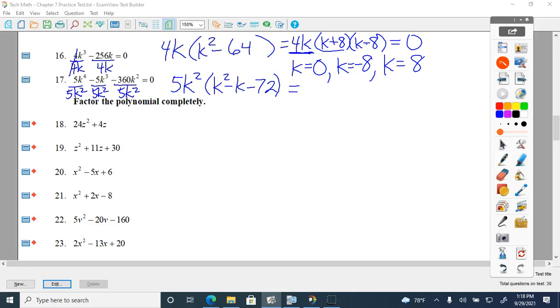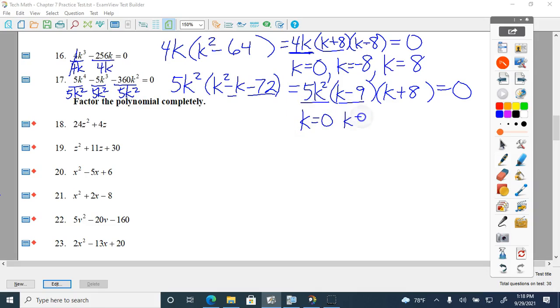We would factor that as well. So we get 5k squared. Two numbers that multiply to be negative 72 and add up to negative 1 would be negative 9 and positive 8. And we're setting all of that equal to 0. So this k right here would have to be 0. This one would have to be 9. And that one would have to be negative 8.